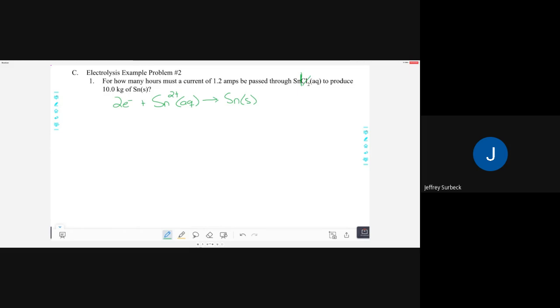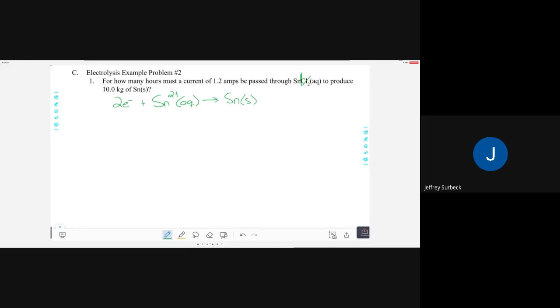This time, we're picking up where we left the last equation. If we're going to try to use this formula, amps times seconds, do you see anything about coulombs? No, we don't have coulombs. We have amps. What about anything for a time period? We don't have it. We need to find it.